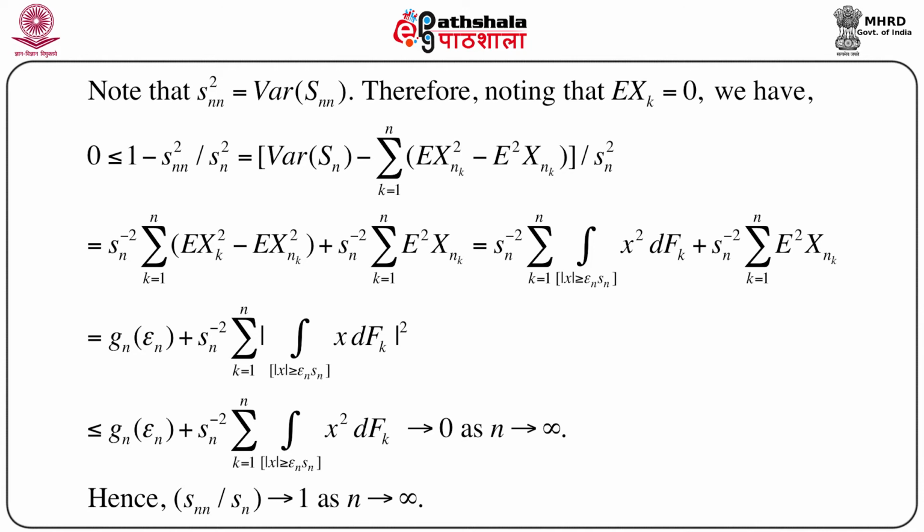Now the first term is nothing but g_n(ε), and for the second term we apply the definition of X_nk, which is defined over the set |x| ≥ εs_n.